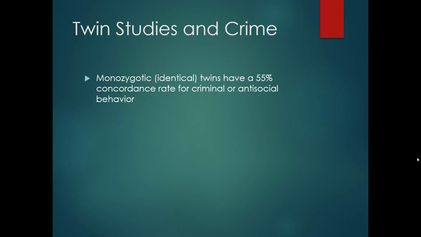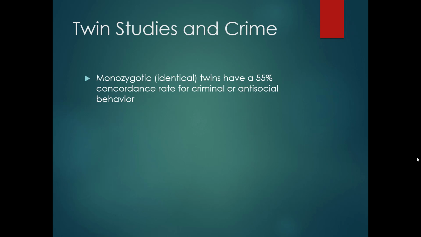If one twin is a criminal, what is the likelihood that the other twin will be a criminal? When you look at the concordance rates for criminality in monozygotic twins, you find that they have a concordance rate of about 55%. Now, if criminality was 100% caused by genes, we would see a concordance rate of 100%. And you see that's not true.